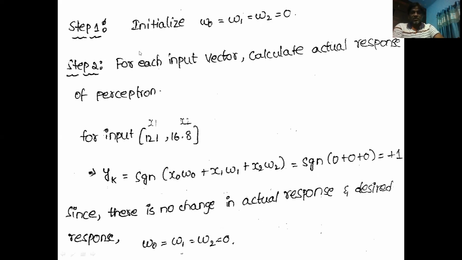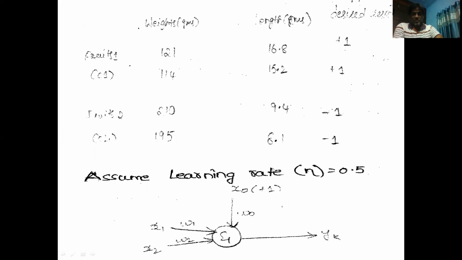In step 1, we initialize all the weights to zeros. In step 2, we consider each input and classify it with the help of the assumed weights. Initially, the weights are zeros. For the input 121 comma 16.8, the desired response is +1. Let us calculate the actual response. Yk is equal to sigma of x0 w0 plus x1 w1 plus x2 w2, where x0 is 1.